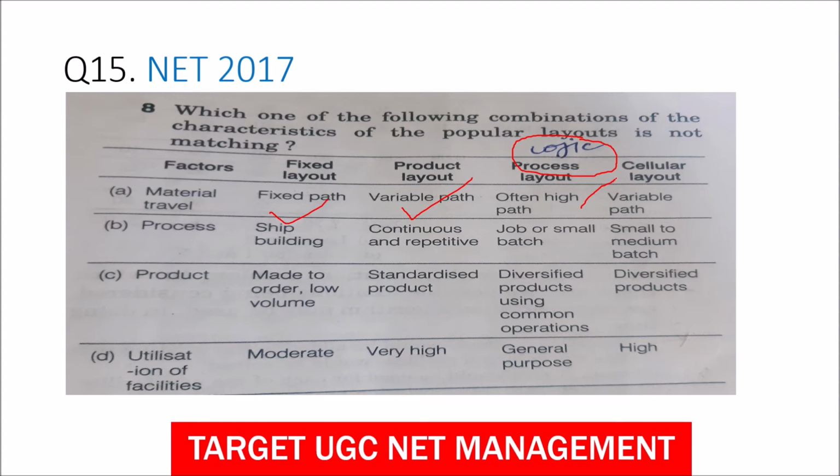So high path is needed. It is not the path of process layout. So option A is incorrect. And if you read all this, B, C, and D, these are correct. So option A, material travel, is not matching.